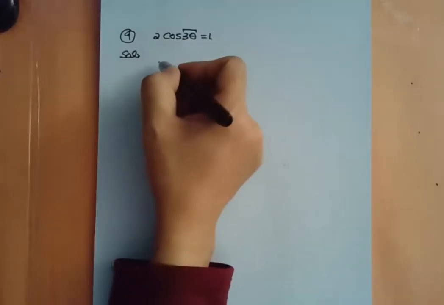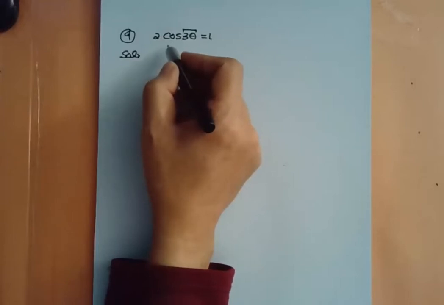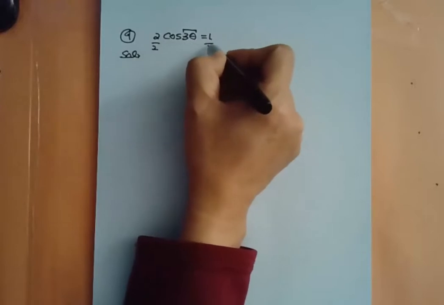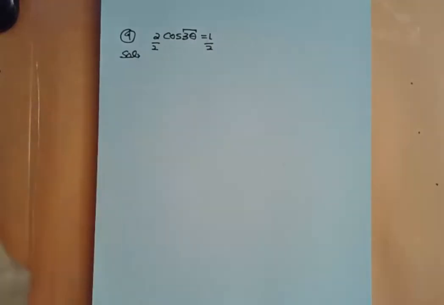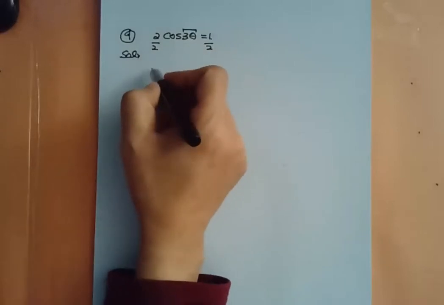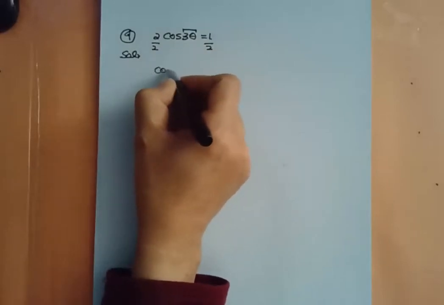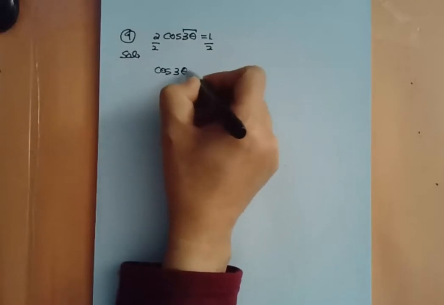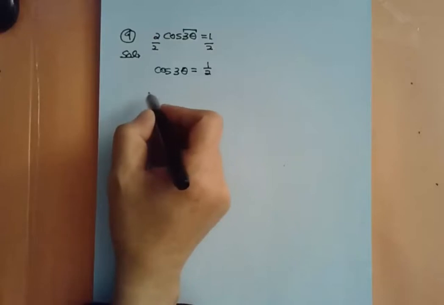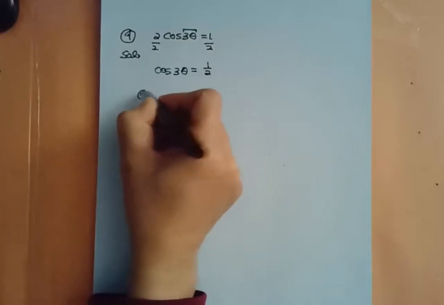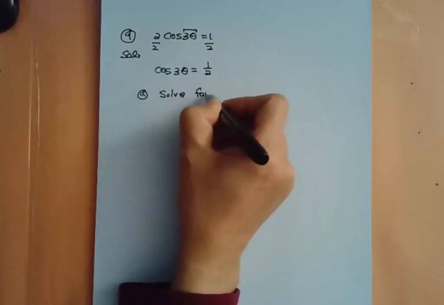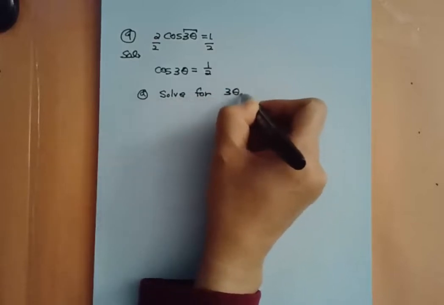So we will solve for cosine first, and then figure out what 3 theta can be, and then we discuss the solution theta. So cosine of 3 theta equals 1 over 2. So the first step is to solve for 3 theta.